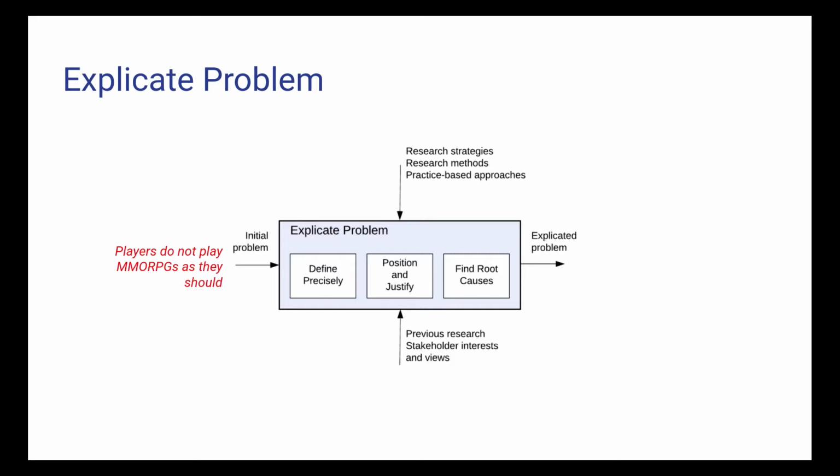It's hard to tell what it really means, and this vagueness also means that it's difficult to say what you can do about it. It's even hard to start somewhere. Where should you start in order to address this problem? You need to explicate it, to define it more precisely, to position it and justify it and find its root causes.